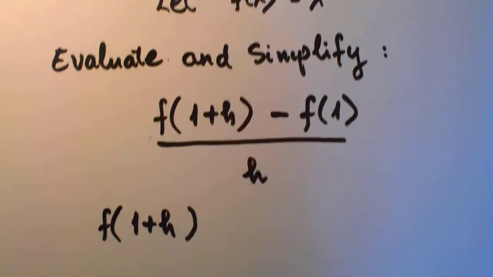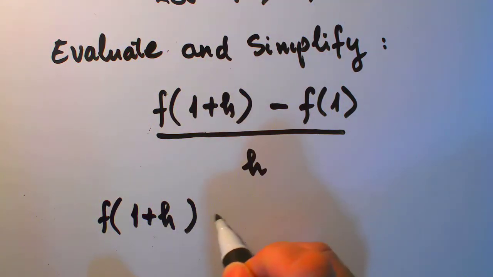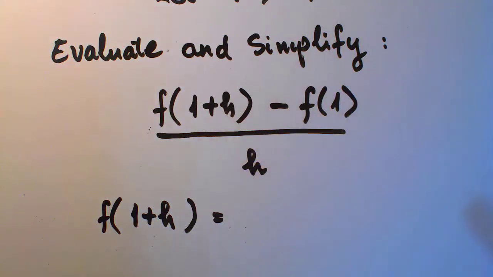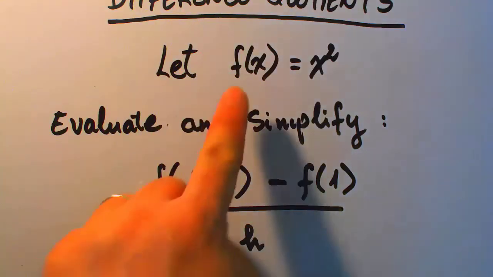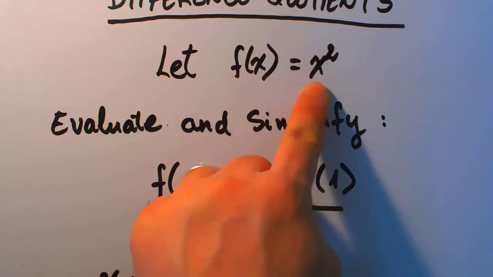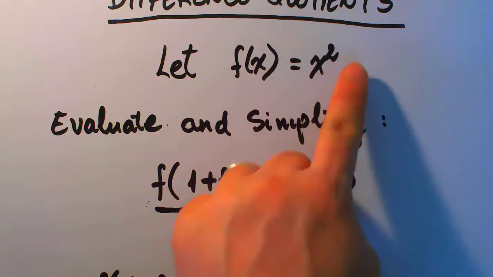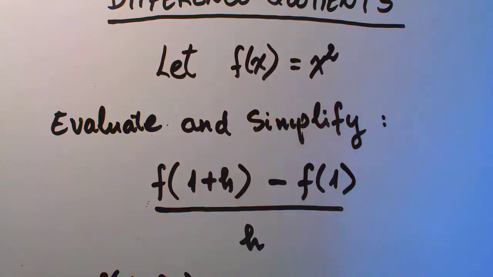You have done many problems and examples about how we can evaluate an expression into a function that was previously given. In this problem, my function was defined to be f of x equals x squared, which takes every input x and squares the input to come up with the output.